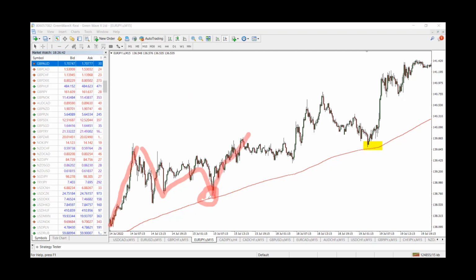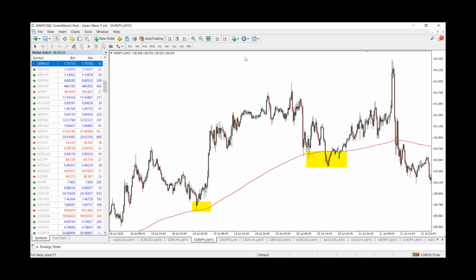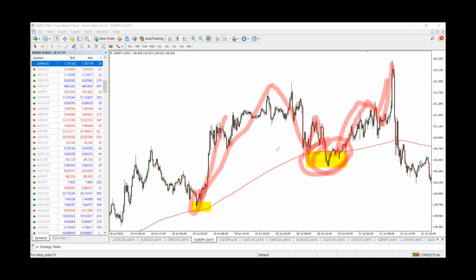So this is the end of this correction. Look at this one here. Another correction ended around the moving average and price pushed up. So another impulse made a correction to the moving average, the correction ends, price pushes up. These are the areas where you're going to be looking for buying opportunities.